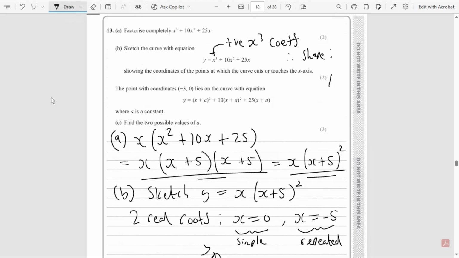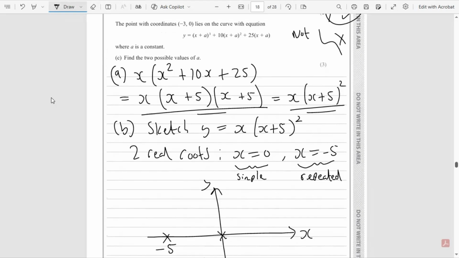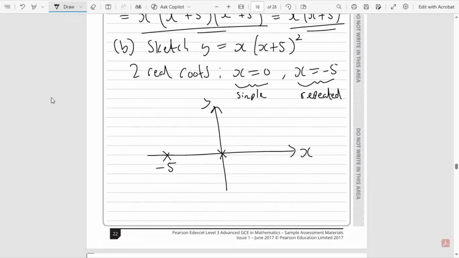So starting from the bottom left and working to the top right, that will be our shape. It will not be from the top left to the bottom right. That won't be correct. So that is our correct shape there. So what we need to do is we need to touch the minus 5 because that's the repeated root. And we need to work our way through the 0 there. And that would be our sketch for the graph.